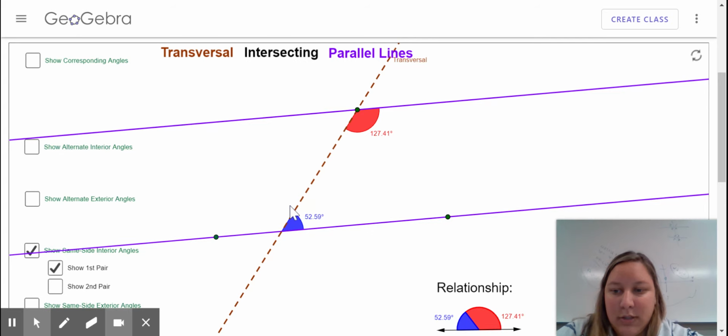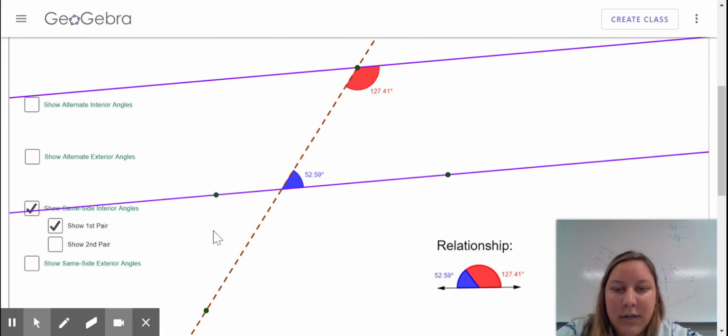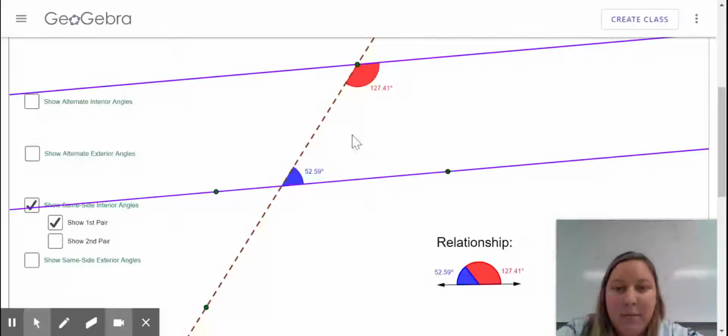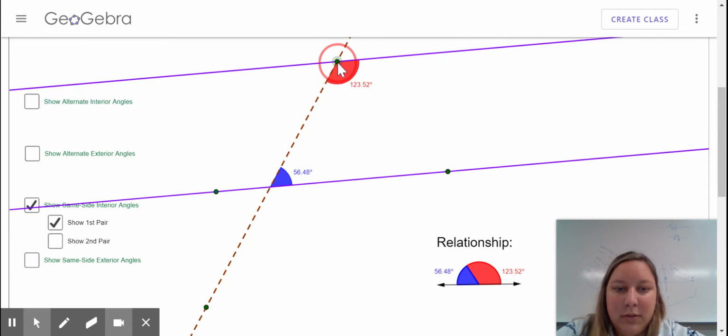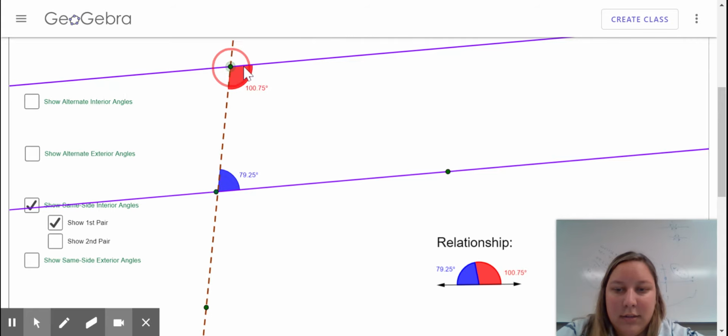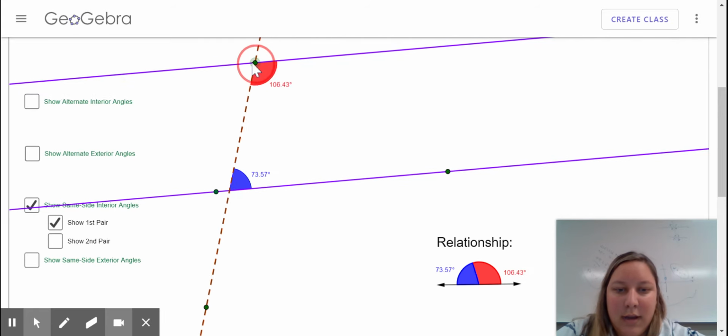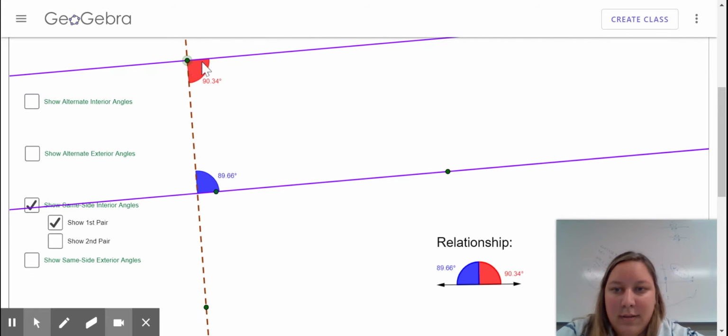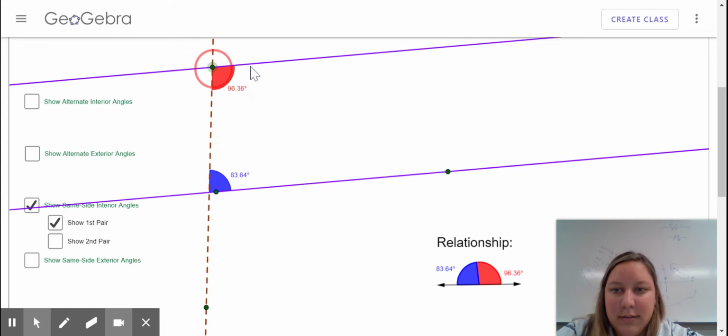Then we also have same side interior. They're on the same side of the transversal and on the inside of the parallel lines. Notice that these two angles add up to 180 degrees. If you move this around, they'll always add up to 180 degrees.